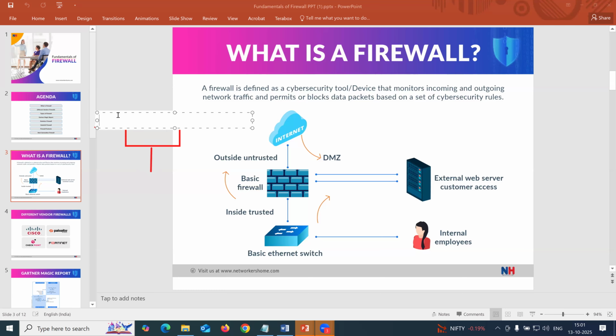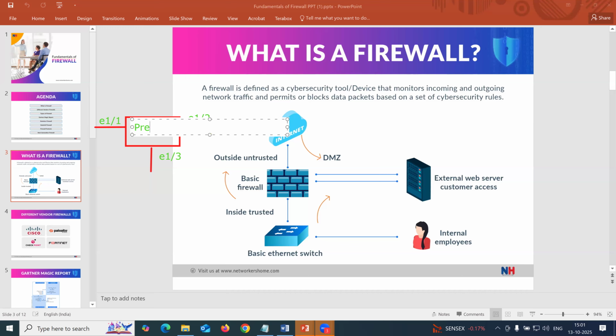This is, let's say, E1/1 interface, E1/2 interface, and E1/3 interface. These interfaces are not configured by default as any zone, but it has a predefined policy.